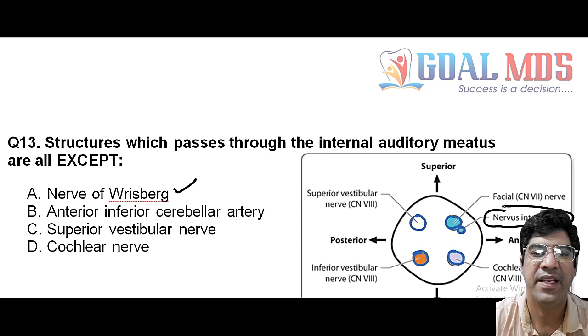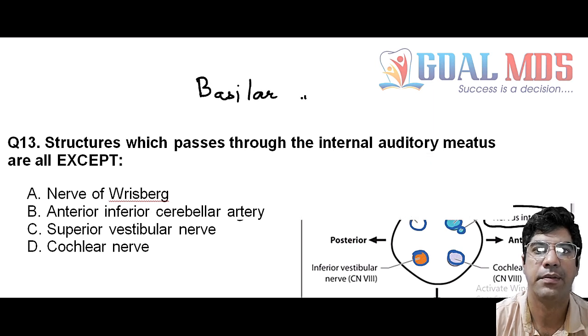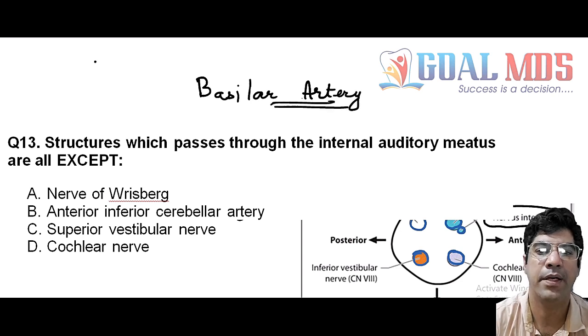The anterior inferior cerebellar artery does not pass through the internal auditory meatus. Remember, it is a branch of the basilar artery, and it supplies blood to the anterior inferior part of the cerebellum.